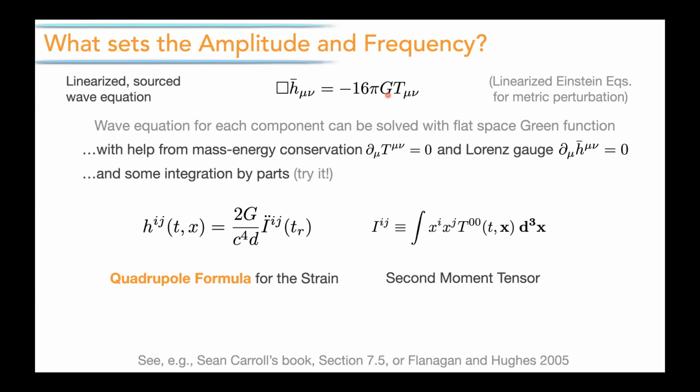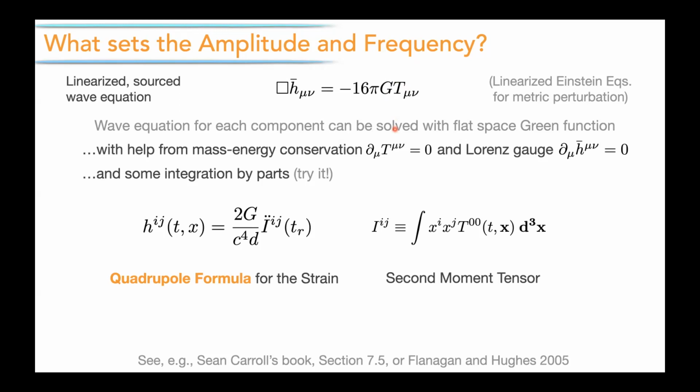And when you carry out this calculation, you arrive at what is called the quadrupole formula, the kind of famous quadrupole formula that Johan was mentioning and derived dimensionally. But this is how you would do it from Einstein's equations. And it's kind of interesting because Johan talked about how conservation of mass and momentum tell you that the first order contribution of gravitational waves should be quadrupole.